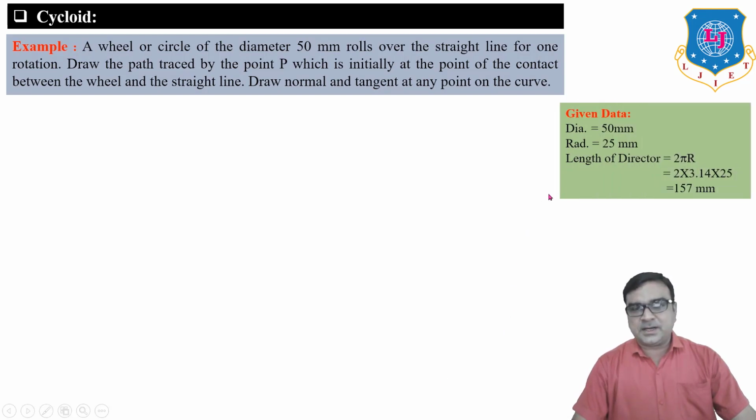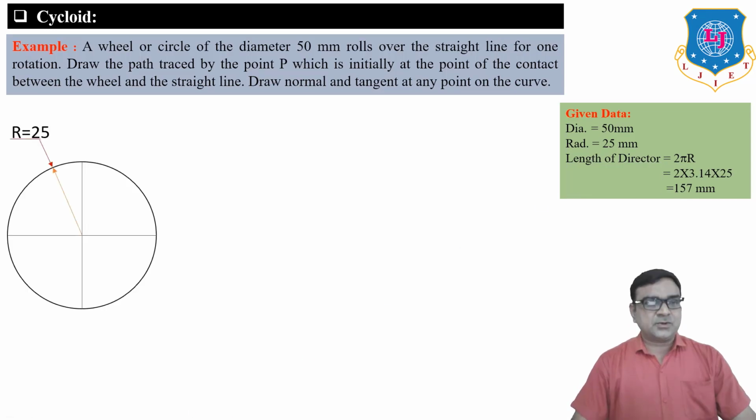So given data: the diameter of the circle is 50 mm, so the radius is 25 mm, and the length of the director means the circle rolls on the straight path, and when the circle completes one revolution, it travels 2 pi r distance on the straight path. So 2 pi r here means a distance of 157 mm.